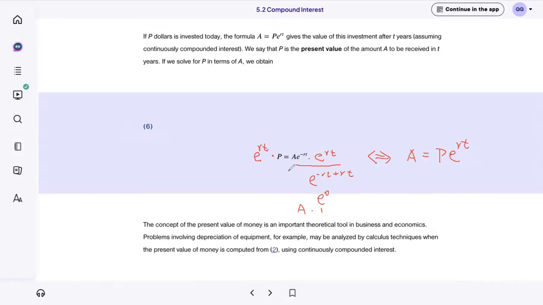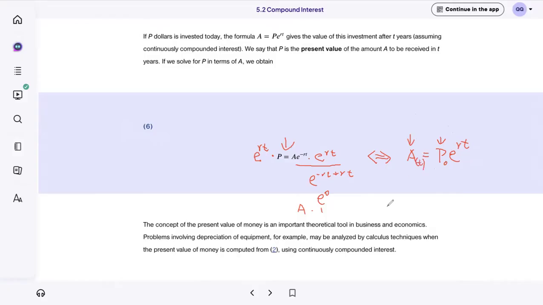So there's nothing special about this formula. It's just rewriting the previous exponential growth formula. This is the future money, this is the present money, so this is the P naught. Remember we used amount of money.